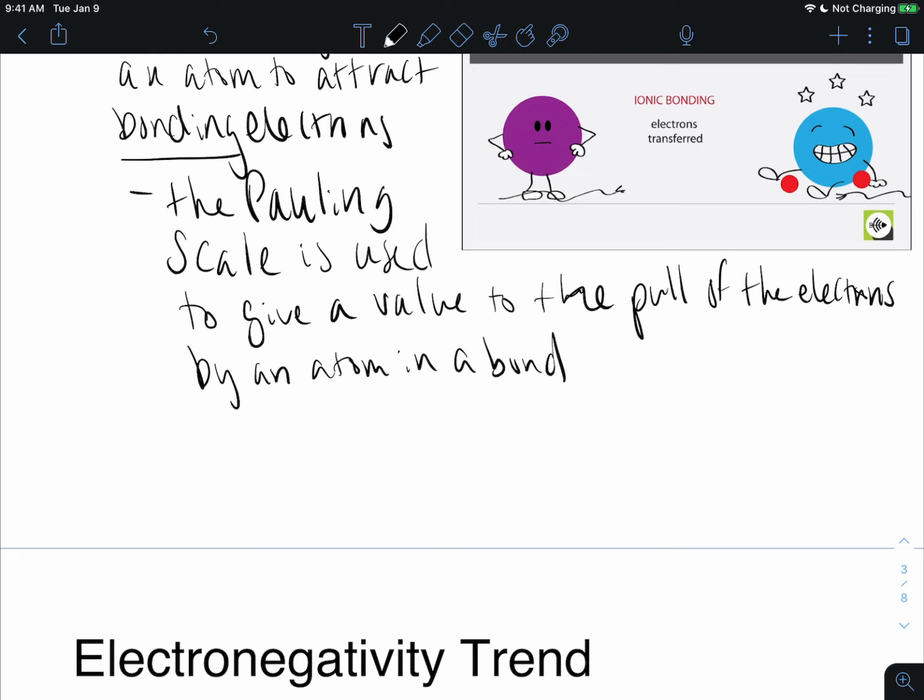Okay, the values here are between 0.7 and 4.0. The smaller the number, the less it's going to pull bonding electrons towards itself. The greater that number, the more it's going to pull bonding electrons towards itself. Okay, larger value, greater pull.